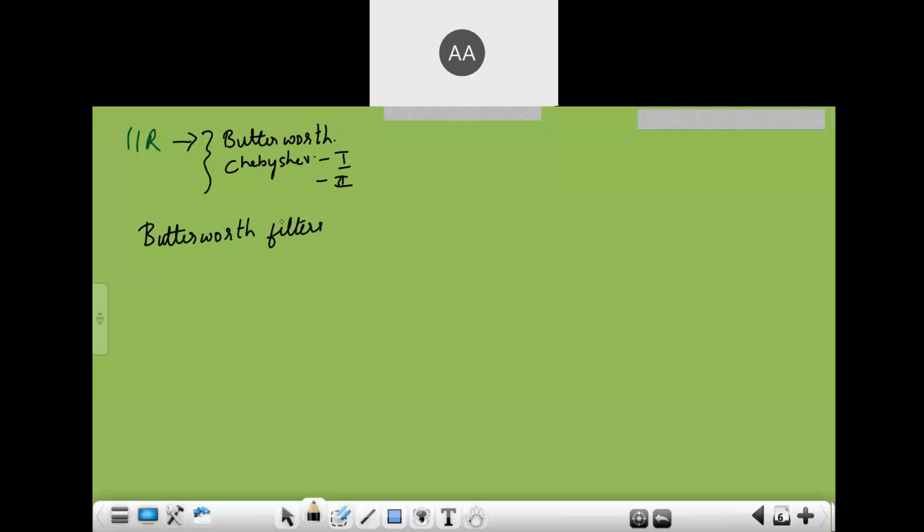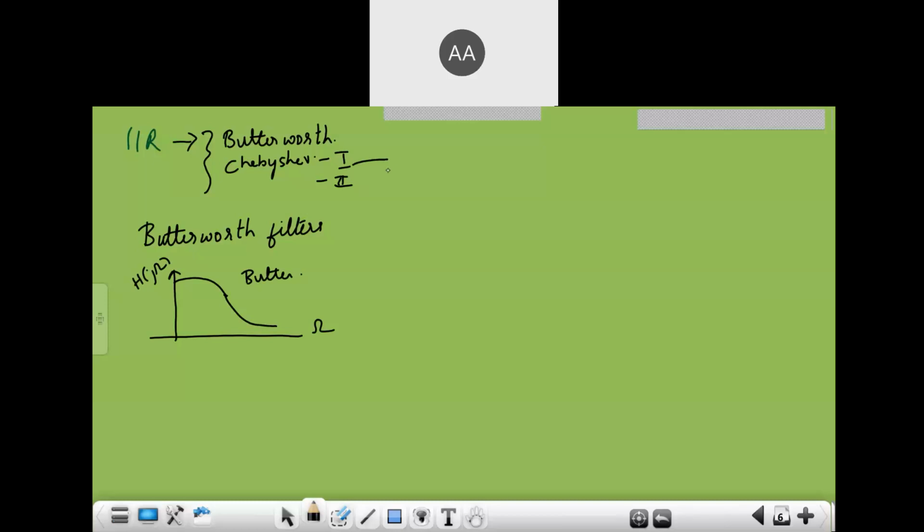So the important characteristic of this Butterworth filter is that in your pass band, you have a smooth pass band, and in case of Chebyshev filter, the pass band is having ripples. If you consider a low pass filter, this is your H of j omega, this is your omega. Say if you consider this is your Butterworth filter, it looks like this.